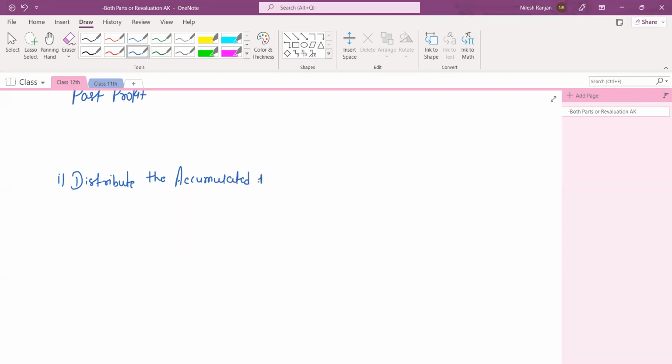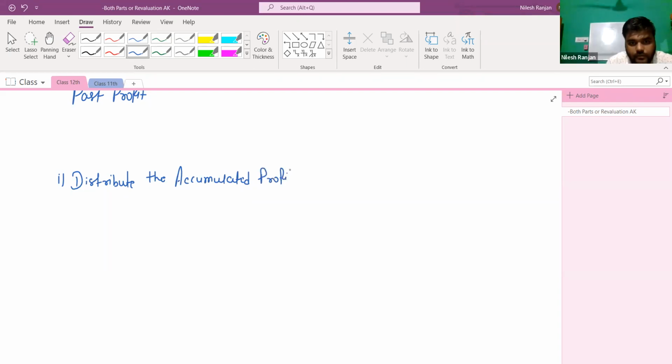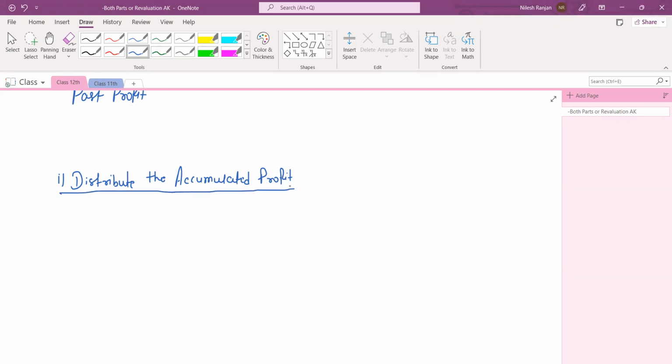Sir, I have a question. I don't think in our book we have a memorandum revaluation account. We only have a revaluation account. Okay, no problem. If the question is not asked from the memorandum revaluation account, then we don't need to solve it.